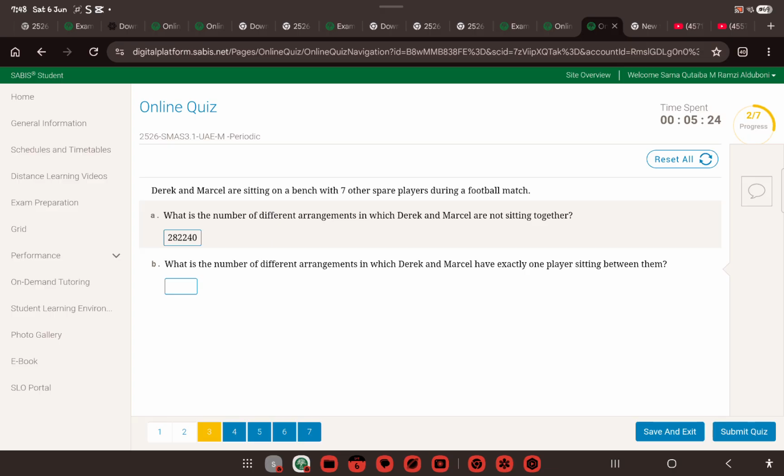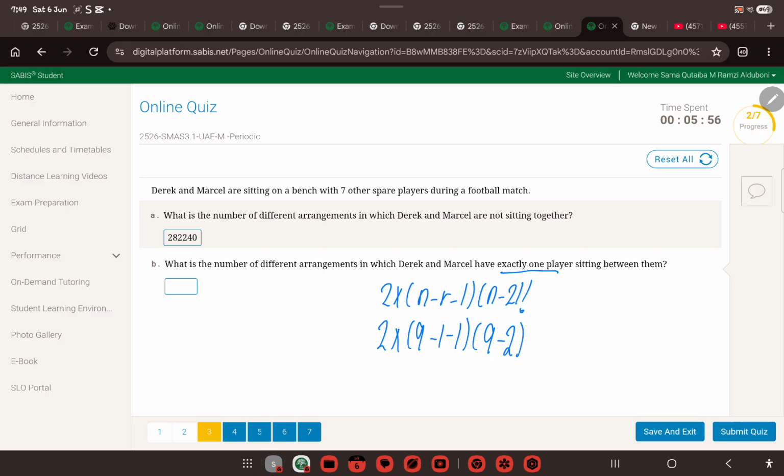Now they want what is the number of arrangements in which Derek and Marcel have exactly 1 player sitting between them. You use the same rule as the last question, which is 2 times n minus r minus 1 times n minus 2 factorial. So you replace, 2 times 9 minus 1 player, so minus 1, times 9 minus 2 factorial.